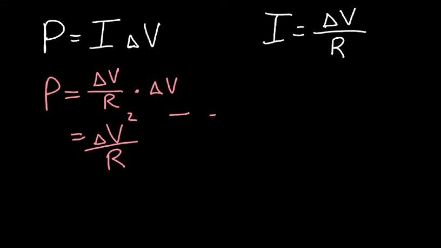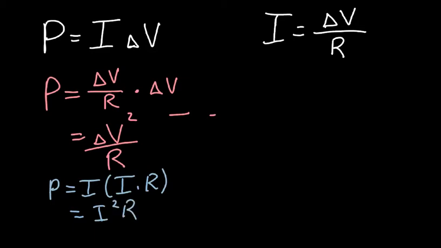My other option here would be to rearrange the Ohm's Law equation to get delta V all by itself. So that one would read delta V equals I times R. And so if I plug that in, I'd have P equals I times I times R, which gets us just I squared times R. So two ways to calculate the power dissipated through a resistor.